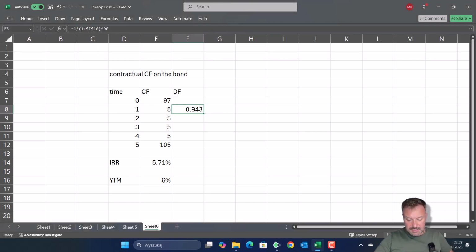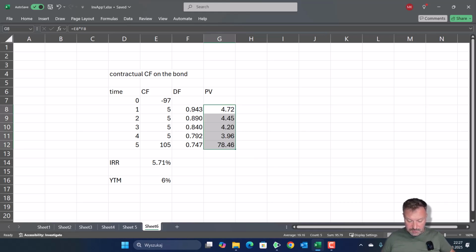I mean, obviously, I could also use the present value table to calculate that. So here I have the discount factors, and I can compute the present values of all those cash flows.